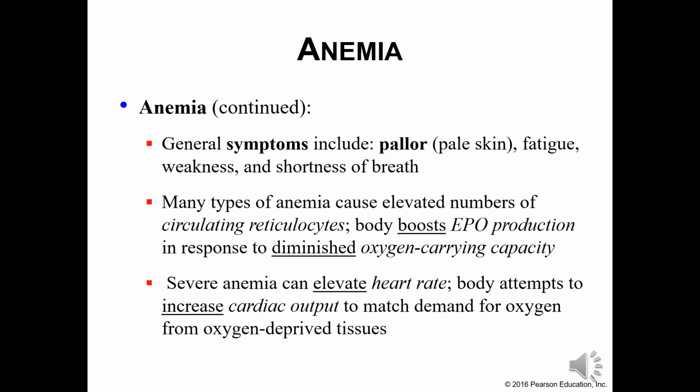So general symptoms of anemia include pallor, which is pale skin, fatigue, tiredness, weakness, and shortness of breath. Many types of anemia can also cause elevated numbers of circulating reticulocytes. The body will boost its production of EPO hormone in response to the tissue hypoxia experienced by the kidneys, that diminished oxygen carrying capacity.